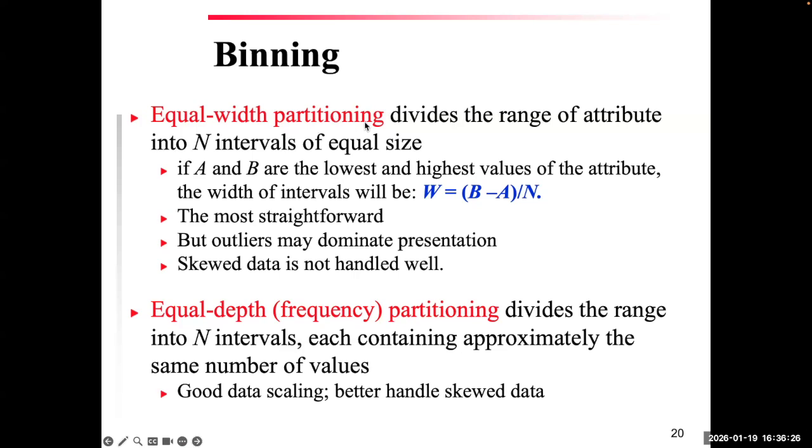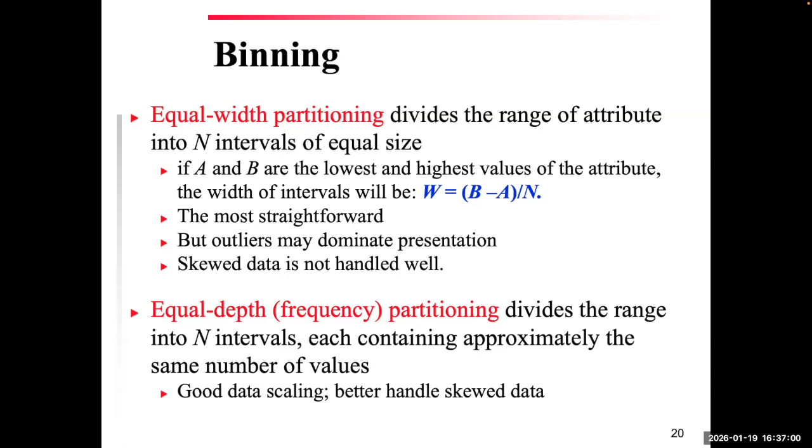In equal width partitioning, or equal width binning, we divide the range of attributes into n intervals of equal size. What does that mean? You divide the range of values into n bins that have equal size, and I'm going to explain this with an example. You first see what your lowest and highest values are.